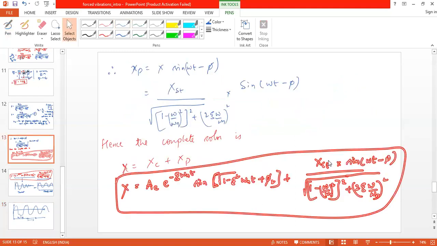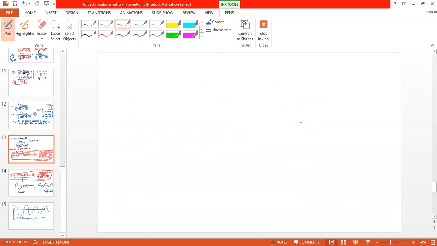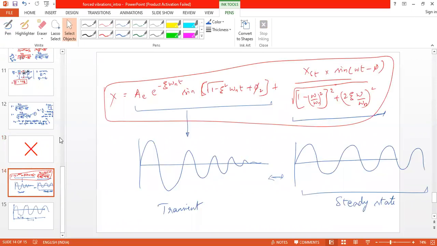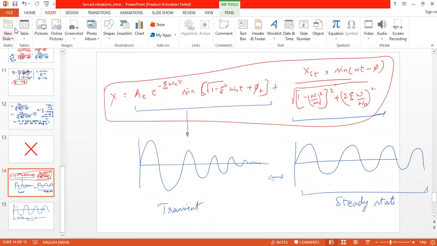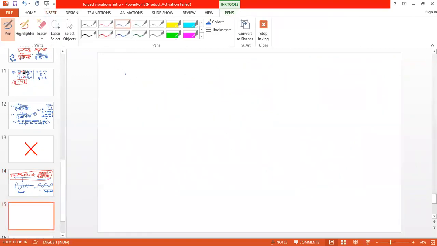Now there is something you need to understand here. What is omega and what is omega n? Omega n is the natural frequency and omega is the angular velocity of the driving speed.